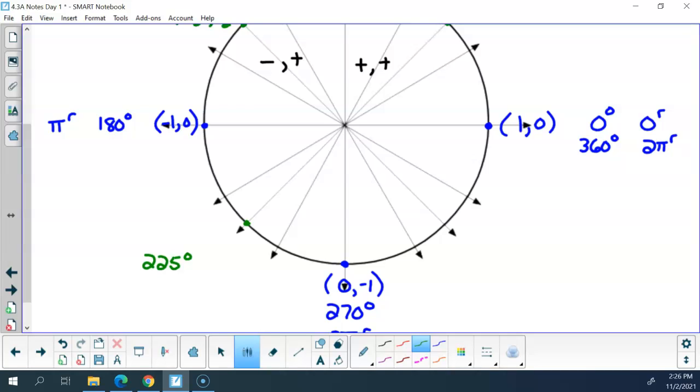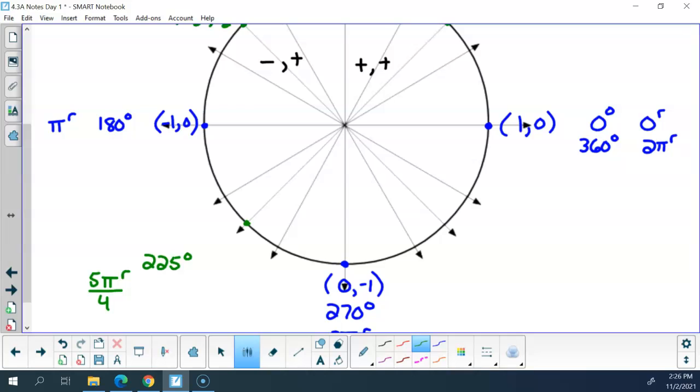Halfway between 1 and 3/2. 5 pi over 4. Coordinates. What you got? Both negative.